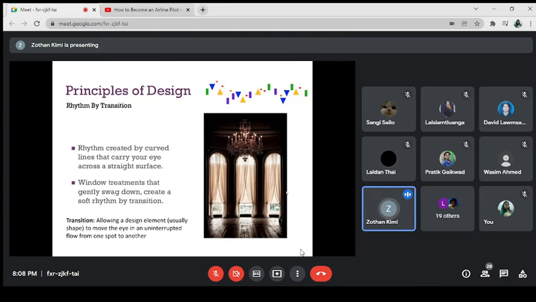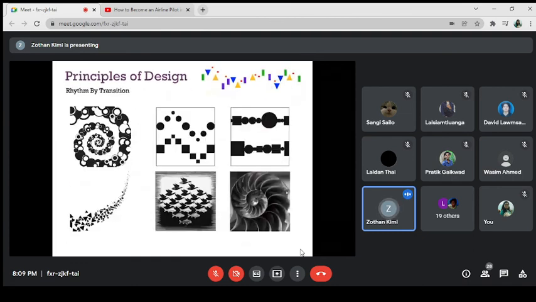So that is rhythm by transition. All right, so it says allowing a design element, particularly shaped, to move the eye in an uninterrupted flow from one spot to another. So that is rhythm by transition. All right, is that clear? I believe that is clear.